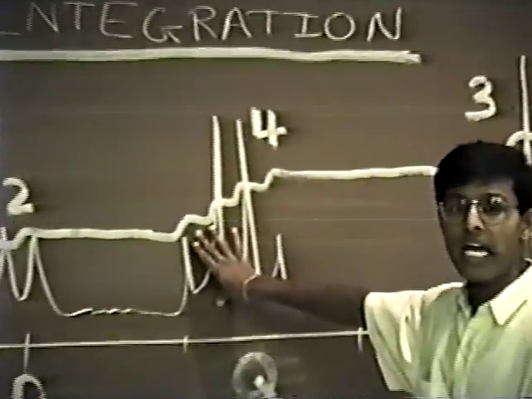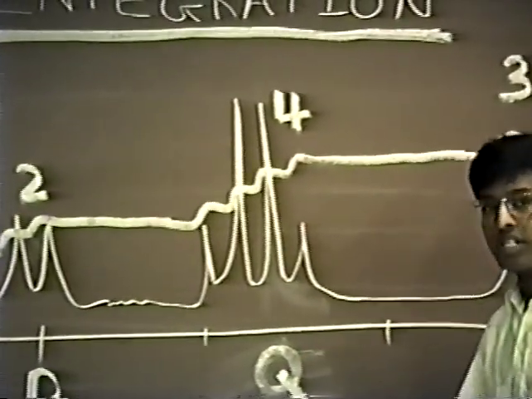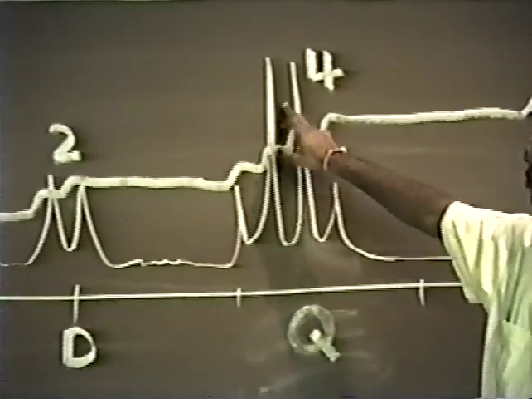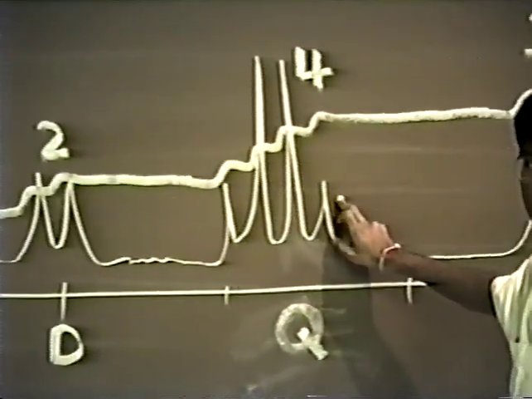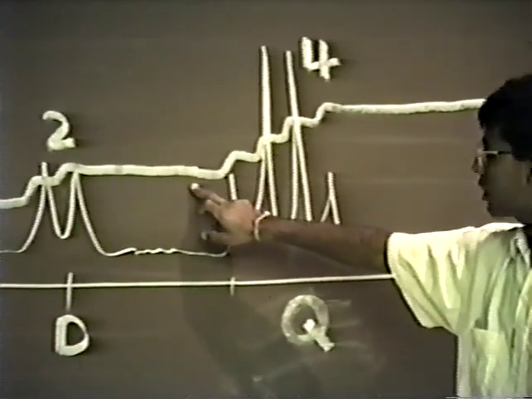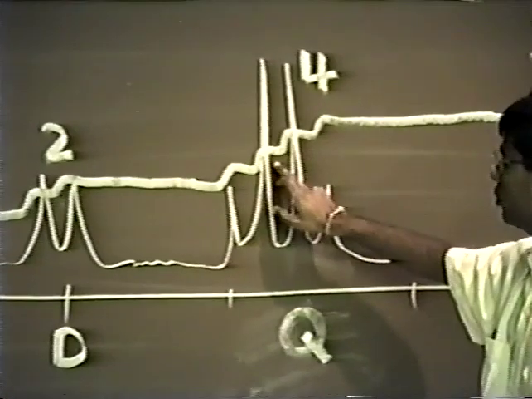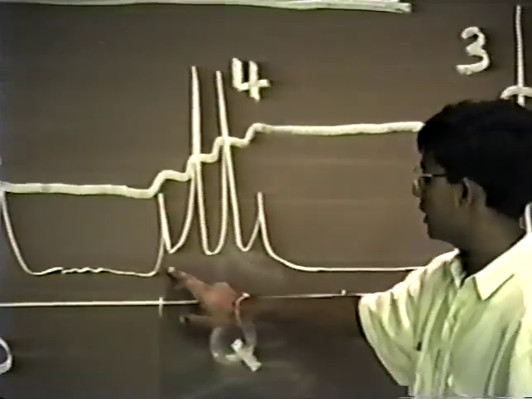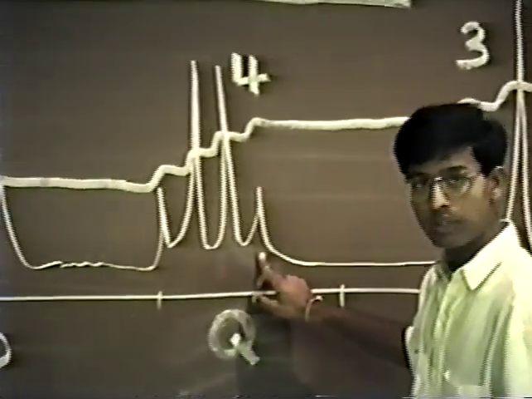Next, what we have here is a quartet represented by the letter Q. 1, 2, 3, 4 peaks, so it's a quartet. Count the number of bumps on the integration scale. 1, 2, 3, 4. 4 bumps represent the area under all 4 peaks.